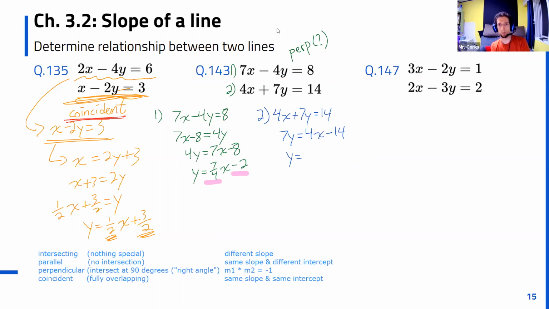That should be negative 4x. Okay, so y is equal to negative 4 over 7 x minus 14, divided by 7, so minus 2. All right, what do we notice here about these two now when we compare them?